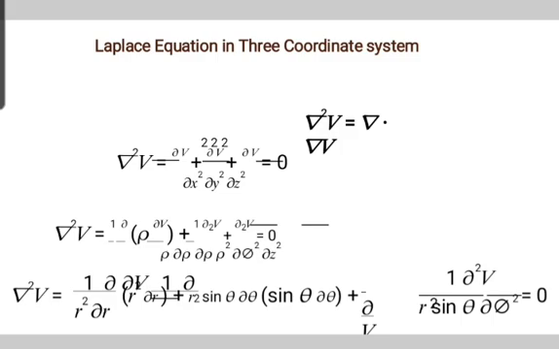In three dimensions, the Laplace equation is d squared phi by dx squared plus d squared phi by dy squared plus d squared phi by dz squared, equal to 0.